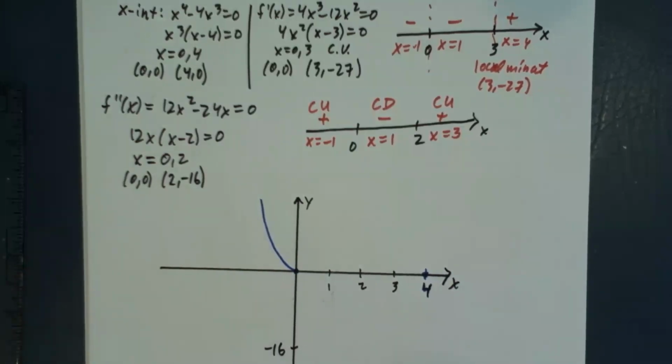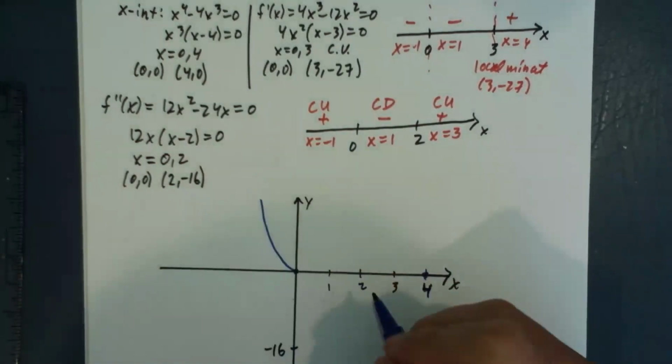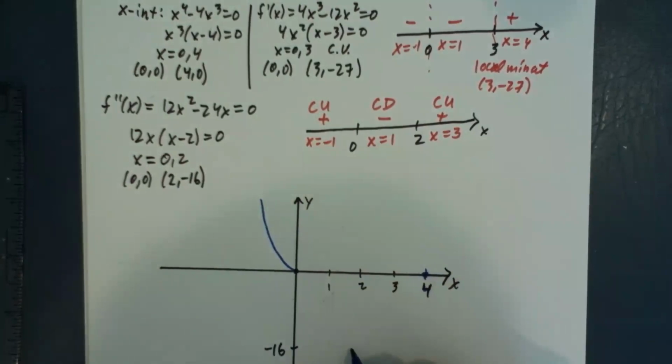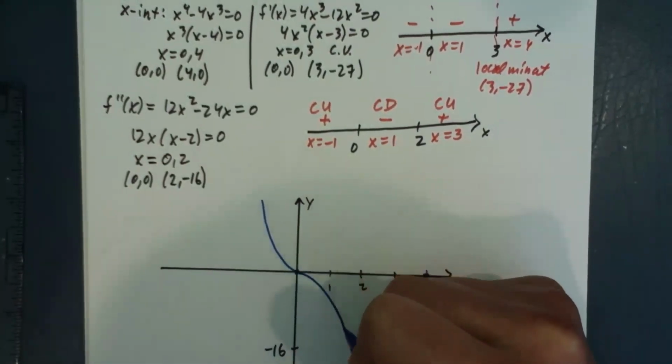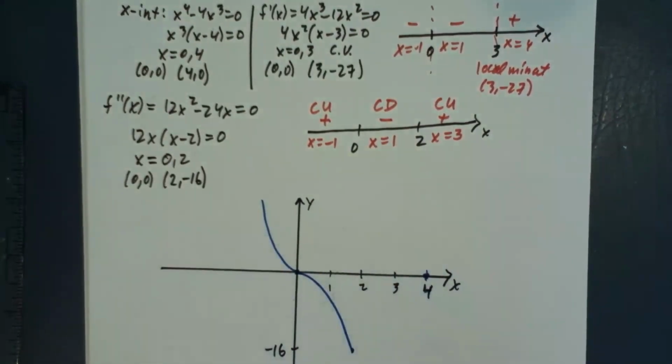And then from 0 to 2, it's going to become concave downward. And that's going to be at (2, -16). This is going to be concave downward. And then down here at (3, -27).